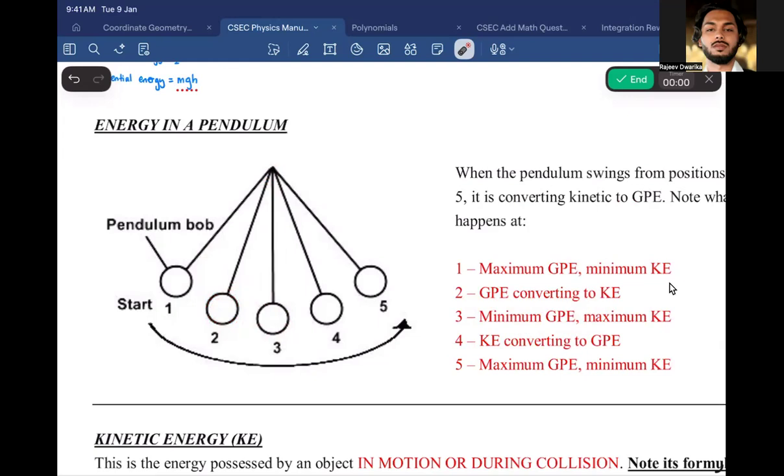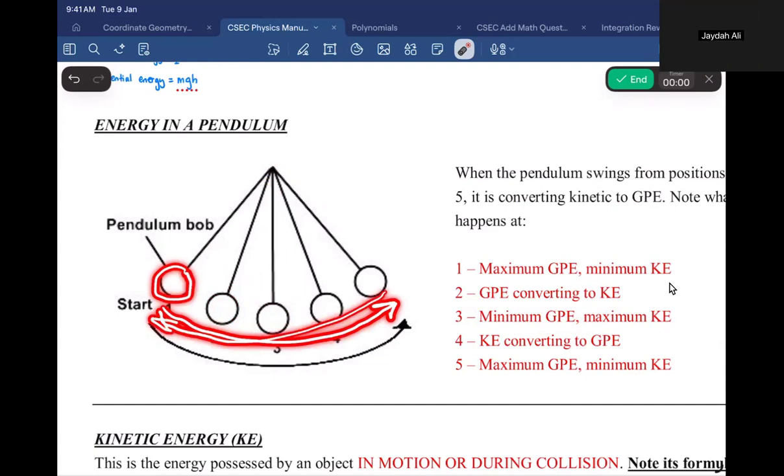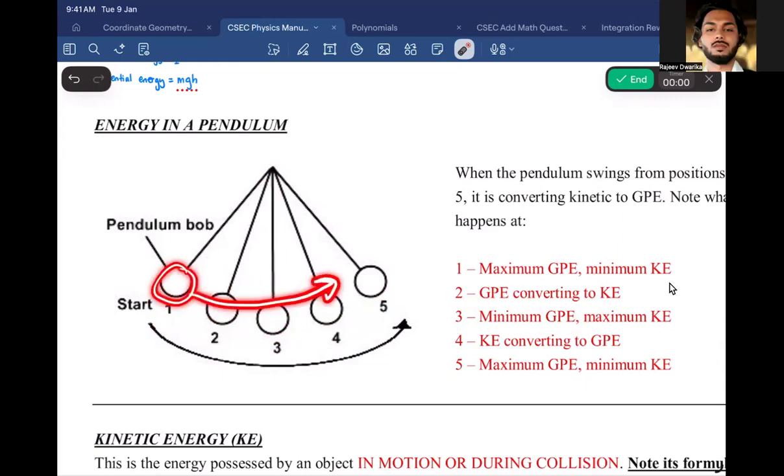Jada, if you're confused about that, think about it like this. If you let go of it here, wouldn't it swing to this position and then come back? Yes. Okay, so when it makes a full swing and reaches this position, what's the kinetic energy?